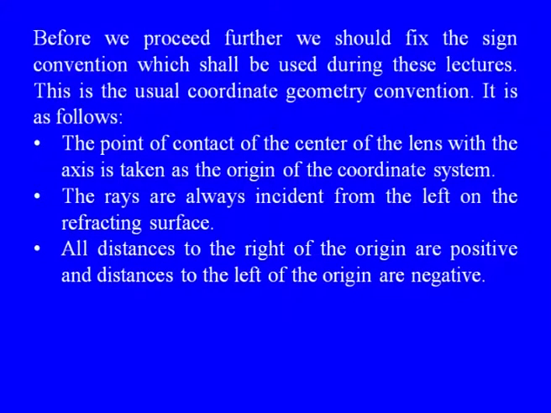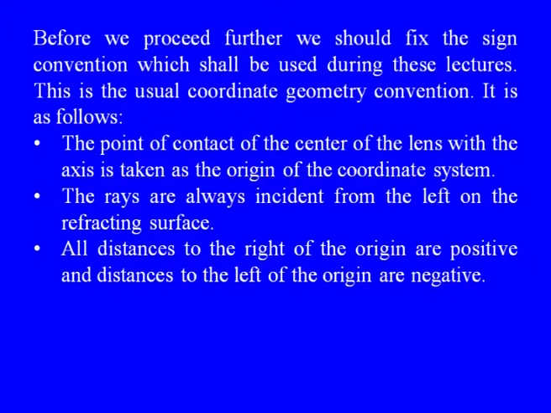Now, before we proceed further, we should fix the sign convention which shall be used during these lectures for finding out where the image will be formed for a given position of the object. This is the usual coordinate geometry convention. It is as follows. The point of contact of the center of the lens with the axis is taken as the origin of the coordinate system.